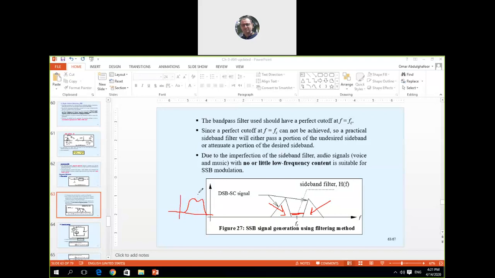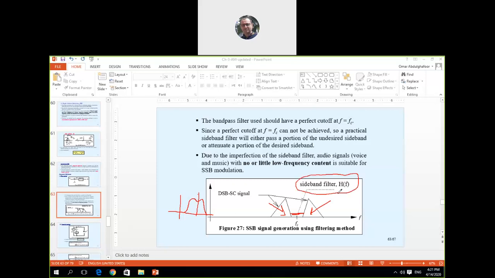Here we put separation just to simplify. So if a signal comes with some separation in the frequency domain representation, then we can adopt this technique. Otherwise it's very difficult.